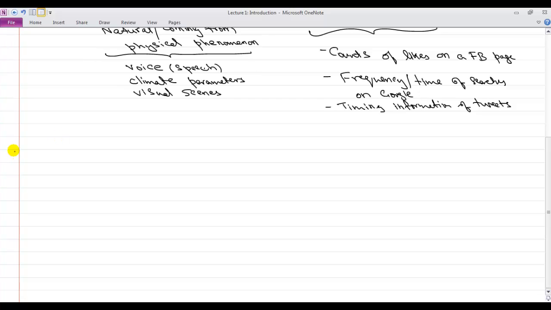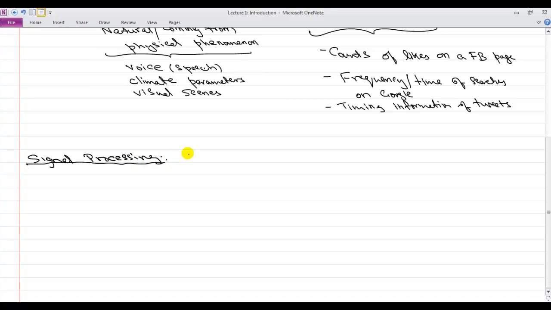So we have addressed what is a signal. We were trying to ask what is signal processing. And the answer should follow simply from the definition of signal. So we defined a signal as something that has information, anything that has information.